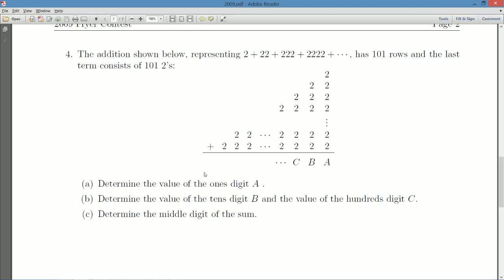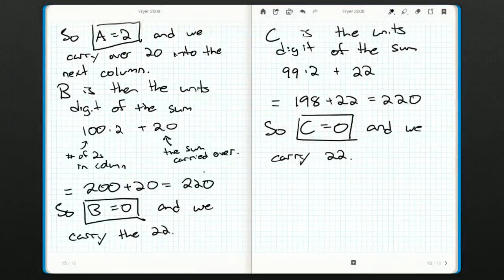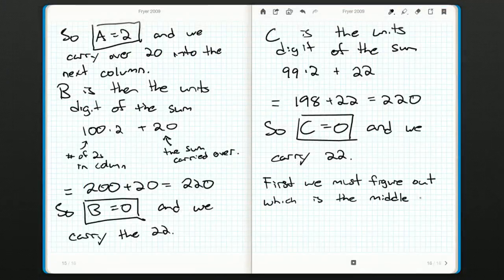But the first thing we need to do is figure out which one is the middle digit. Not which is the middle, where is the middle?